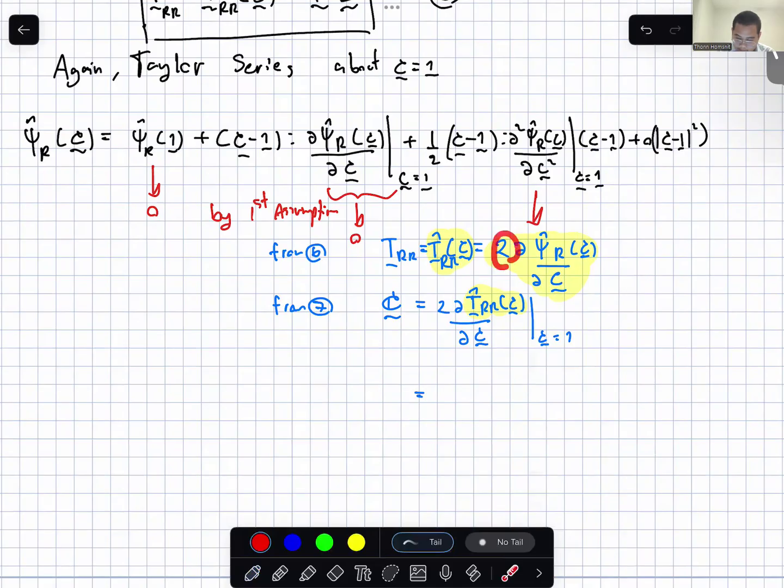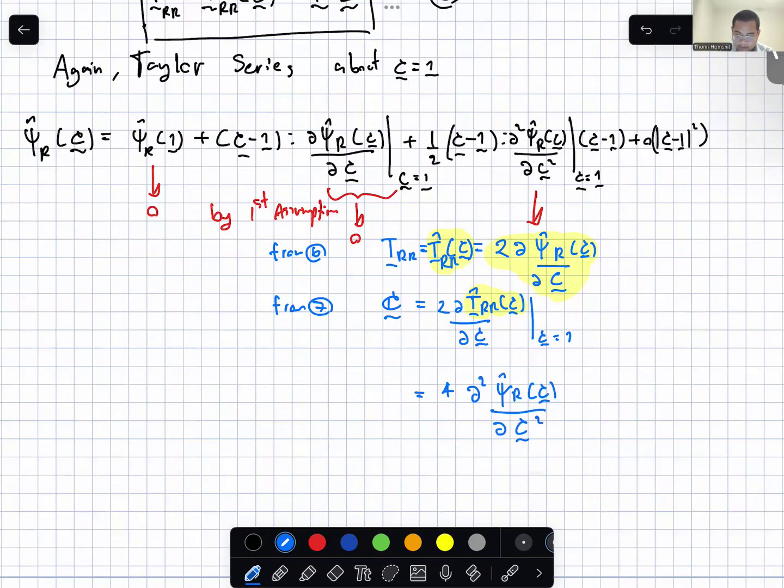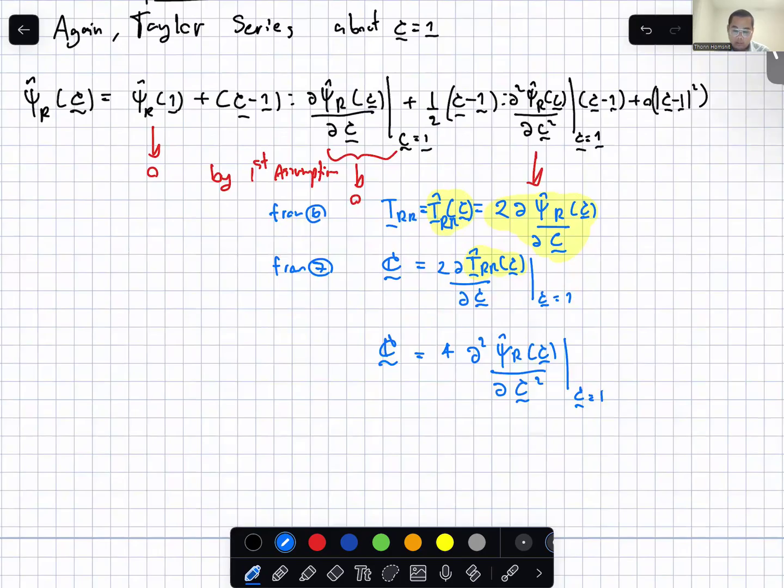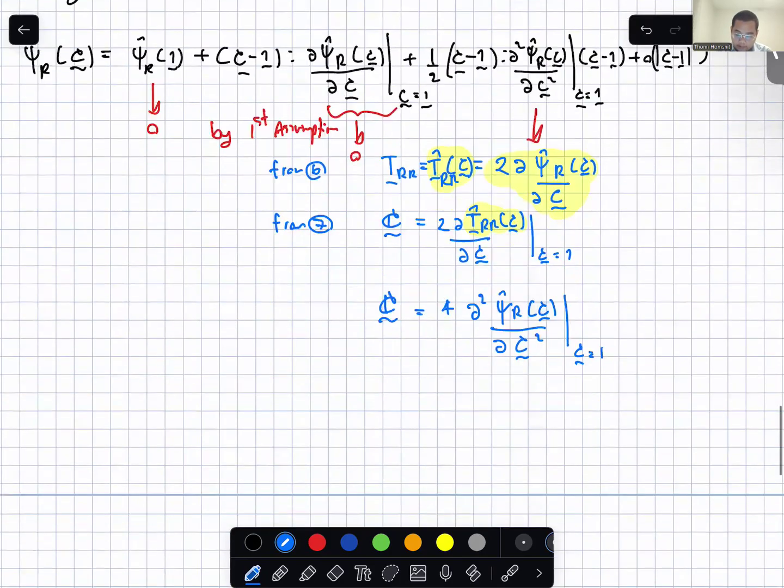So now we're going to have that. The 2 is just a scalar, so we can pull that out in front. So we have 4 times the double partial derivative of the free energy function with respect to C twice, equal to the elasticity tensor. Pulling the 4 down, the right-hand side is going to equal the elasticity tensor over 4.